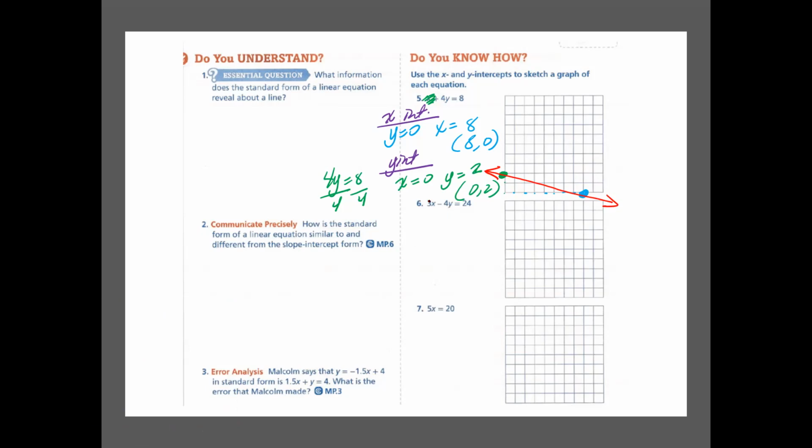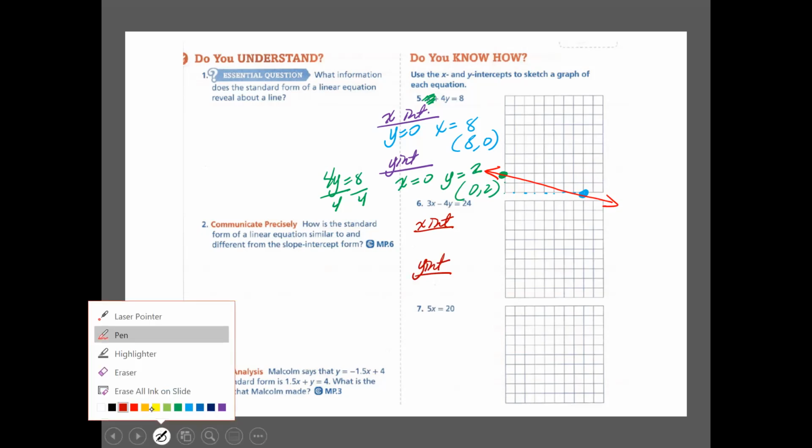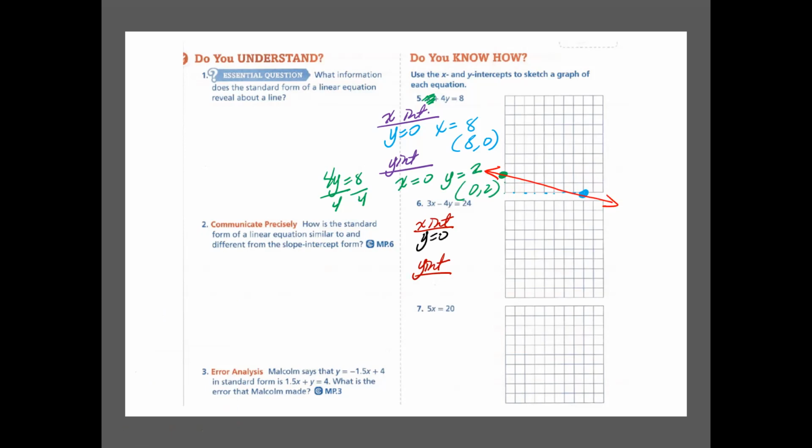Let's go on to number 6. Again, find your x-intercept and your y-intercept. Let's start off with the x-intercept. You want y to be 0, so I'm going to cover the y, and therefore I have 3x equals 24. Divide by 3 on both sides, and I get x is equal to 8. So my first point is going to be 8, 0. 1, 2, 3, 4, 5, 6, 7, 8.